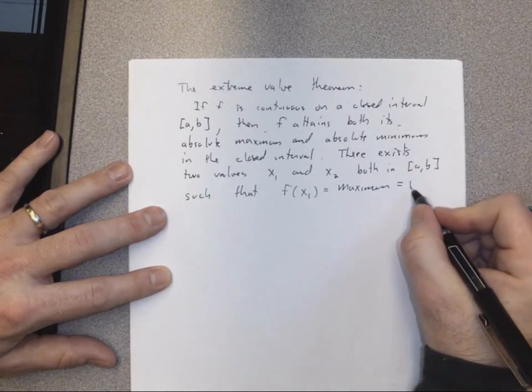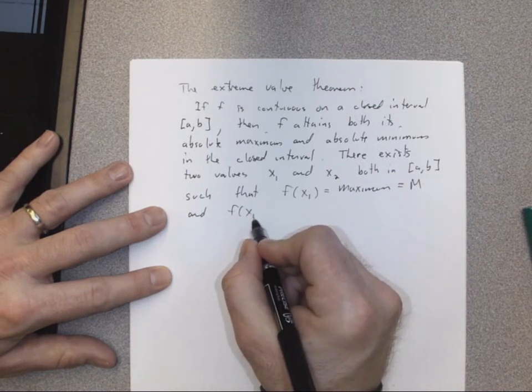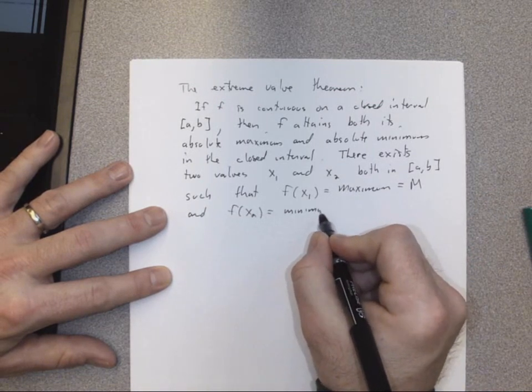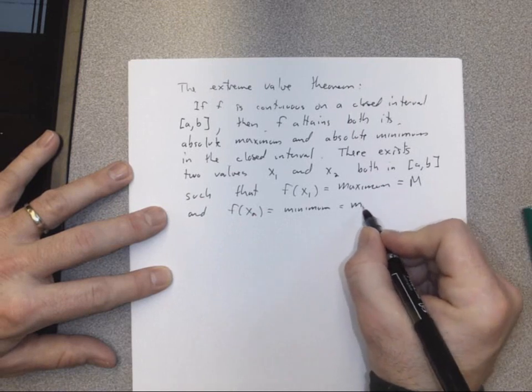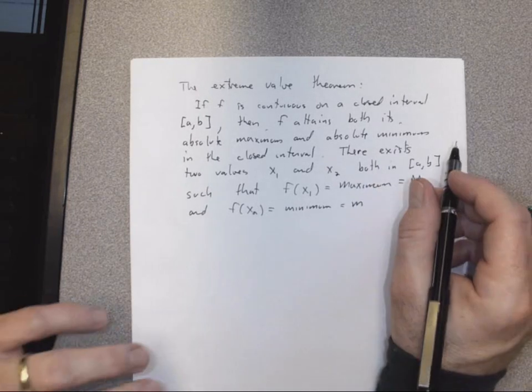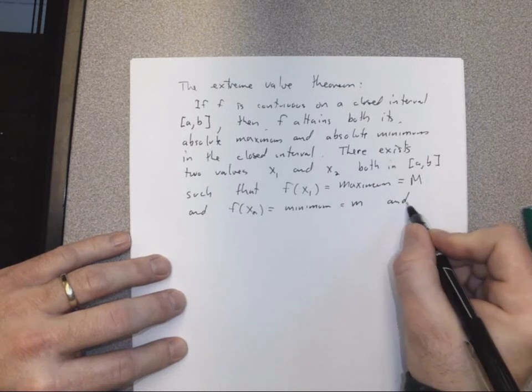So we'll call it capital M. And f of x2 is going to be equal to the minimum. Let's call it lowercase m.